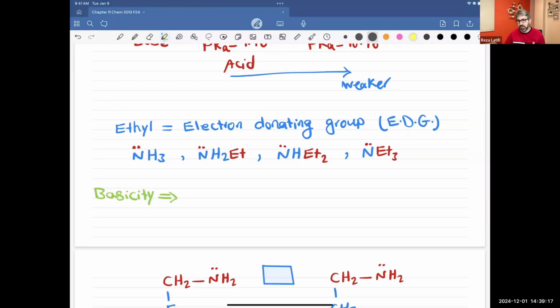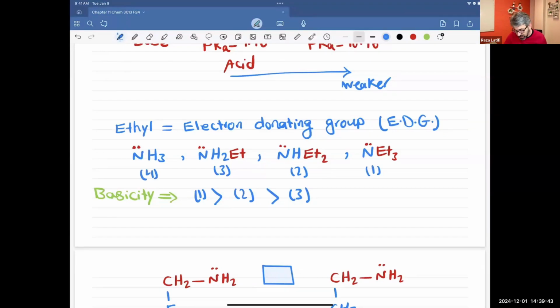So if I want to talk about the basicity, I'm going to say this compound will be the strongest base. So number 1 is the one with 3 ethyls, and the next one will be the one with 2 ethyls, and this one will be the third one, and the weakest base will be ammonia.